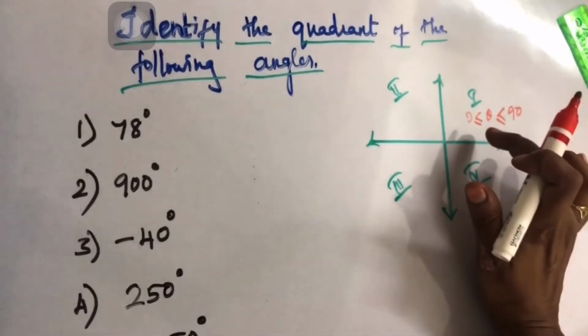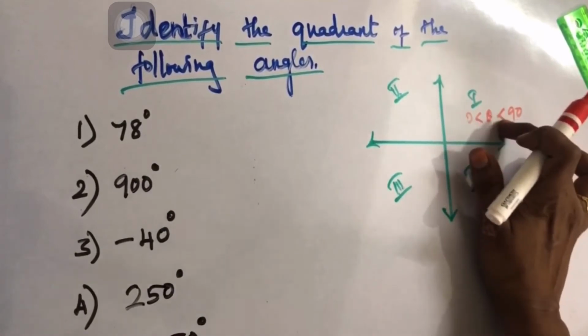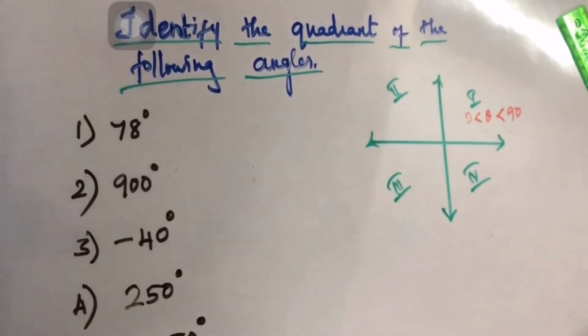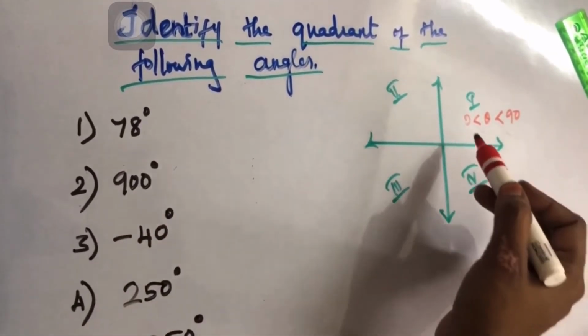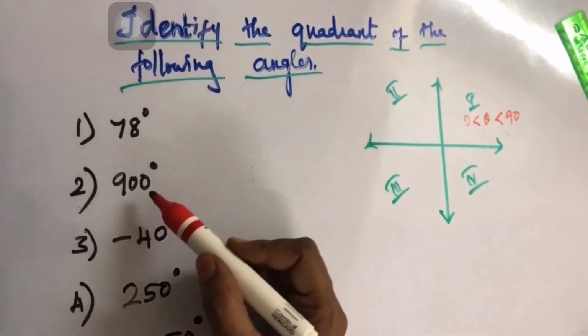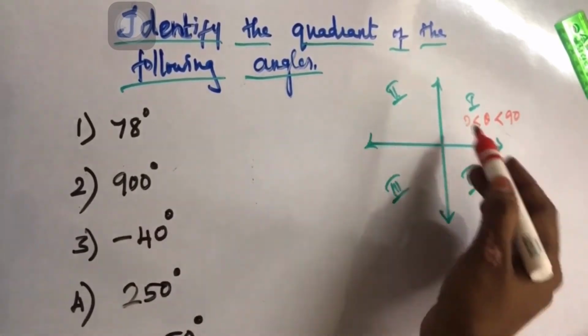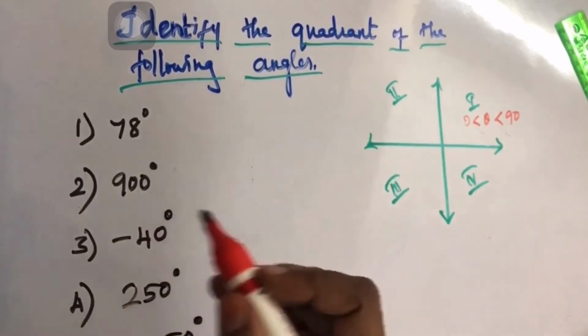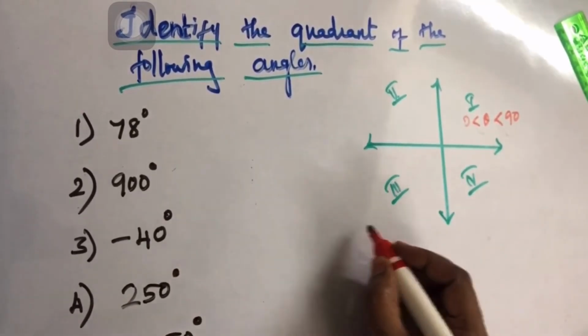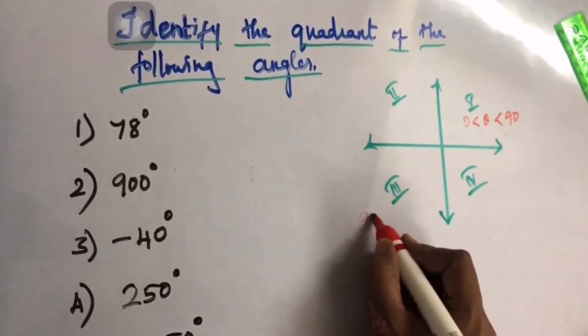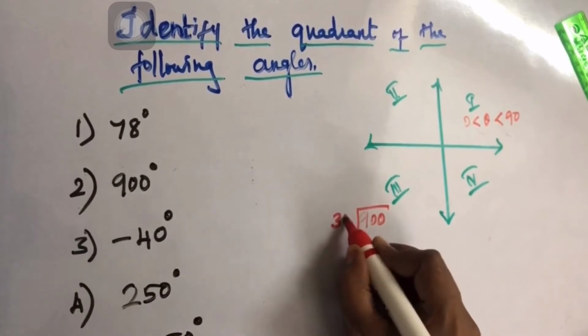What about 900 degrees? 900 degrees will take multiple rotations, you cannot measure 900 degrees in a single rotation. How will you find it? For that you can divide 900 by 360.